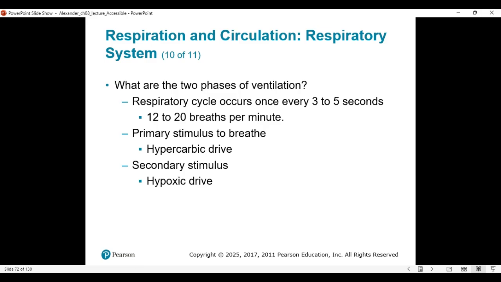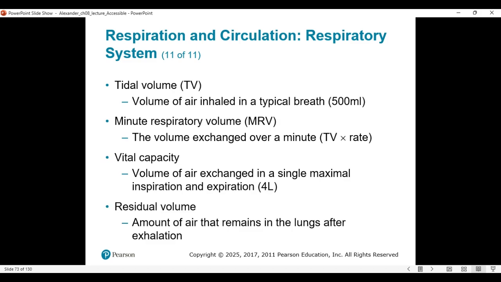The medulla oblongata is sensing how much carbon dioxide is in your bloodstream, and if it goes up, you'll breathe more. If for some reason this system is not working, we go into the hypoxic drive, where it measures the oxygen level. This comes into play a lot with COPD, which we'll talk about later. They run on a hypoxic drive, not the hypercarbic drive.